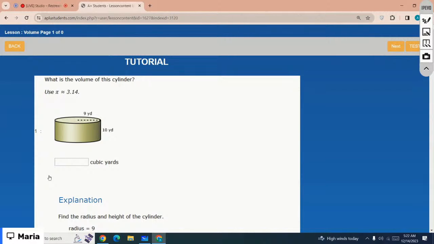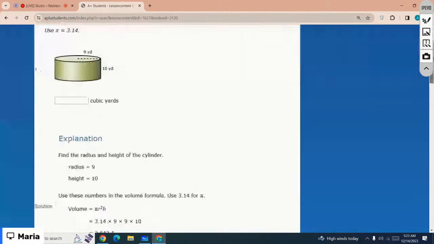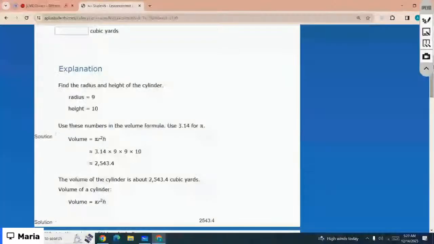You have the height and the radius of the cylinder. The formula we use for the volume of the cylinder is V equals pi r squared h, right? Just use the formula.